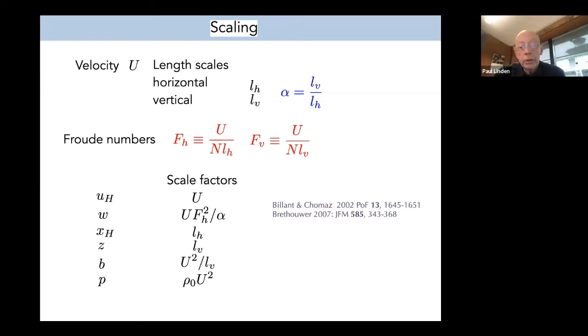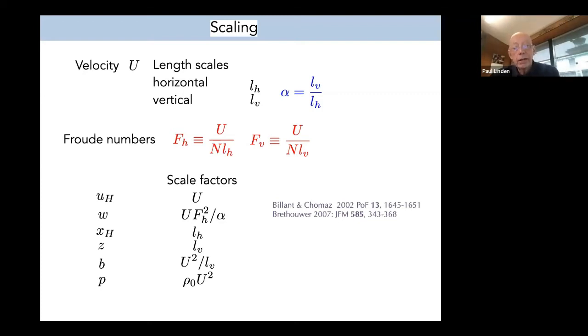So then you can scale the various quantities as you wish. So you scale the horizontal velocity by this scale U. The vertical velocity, it's not obvious why you should scale it like this, but you scale it like this, as we'll see. So in terms of U, the horizontal Froude number squared over this quantity alpha.